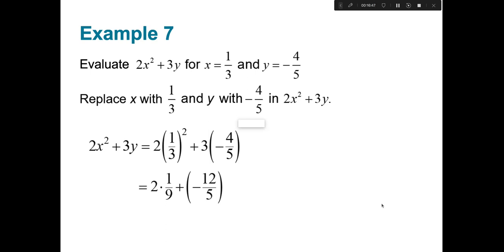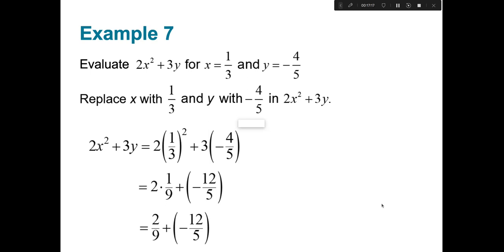Multiply straight across. So 2/9, 2/9. Same thing with that 3. There is that invisible 1 underneath the 3. So when I multiply that, I end up with -12/5.